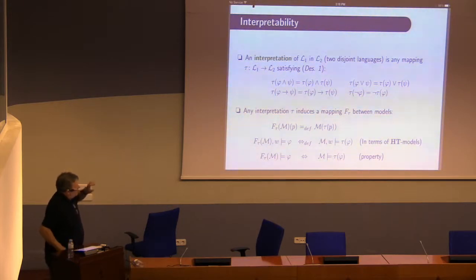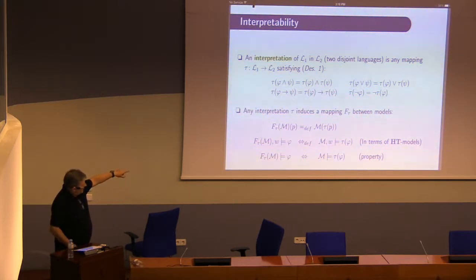So, an interpretation between languages is simply a recursive translation that satisfies these obvious properties, and it induces a mapping between models.